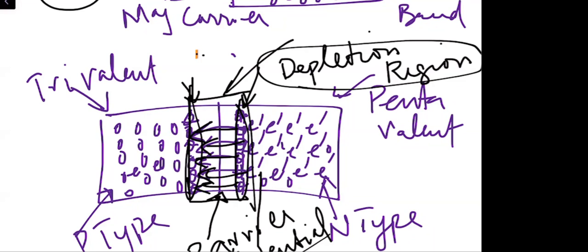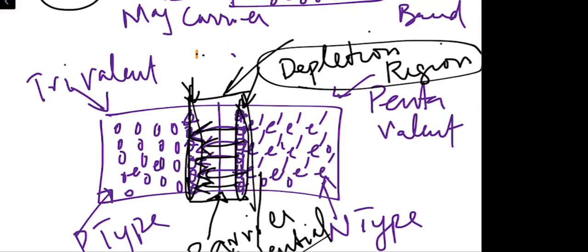Because on the p side we have holes as the majority carriers and free electrons as the minority carriers. On the n side, we have free electrons as the majority carriers and holes as the minority carriers.